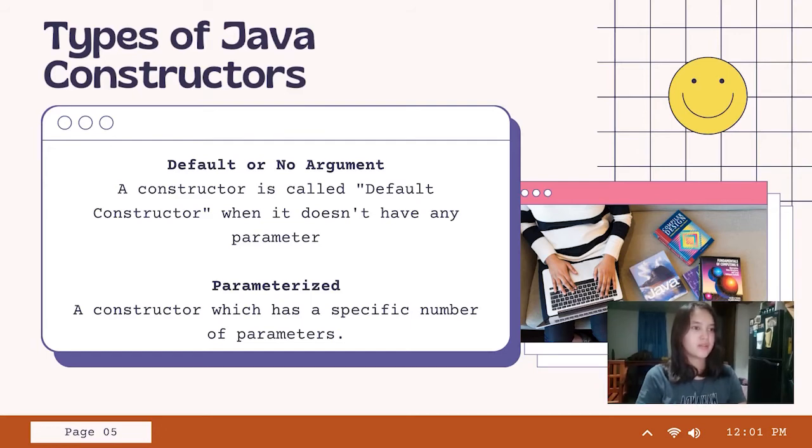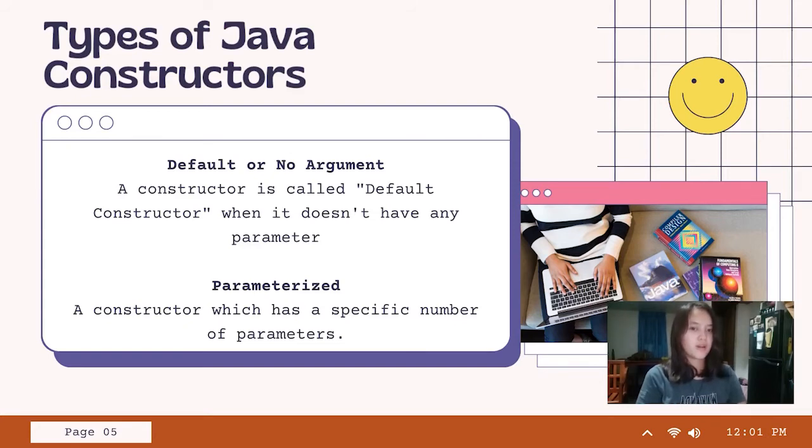Third, the compiler writes a default constructor in the code only if the program does not write any constructor in the class. And last, the access modifier of the default constructor is always the same as the class modifier, but this rule is applicable only for public and default modifiers. And another rule, if there is no constructor in a class, the compiler automatically creates a default constructor.